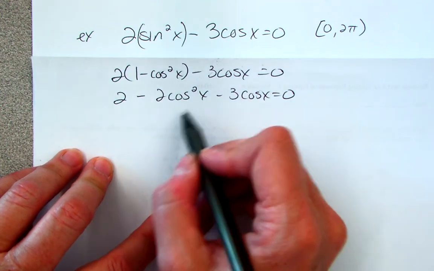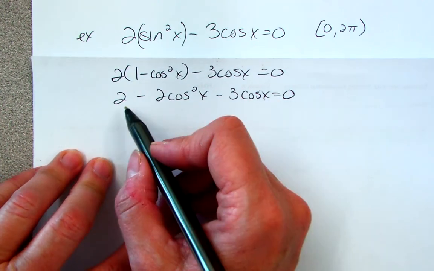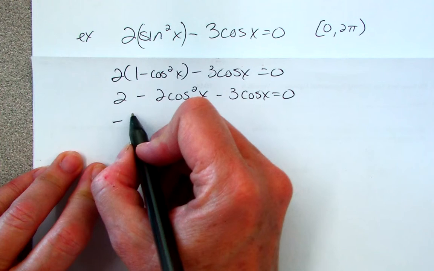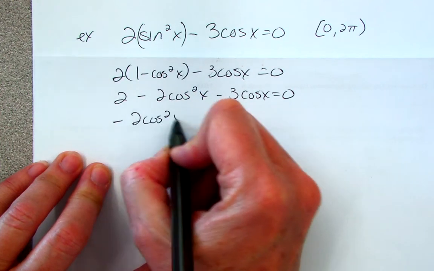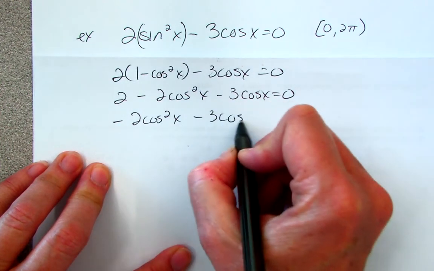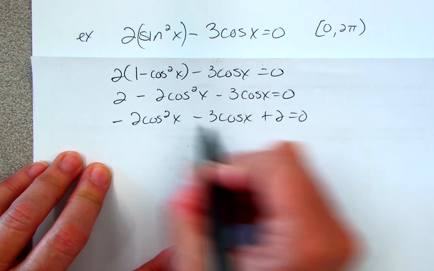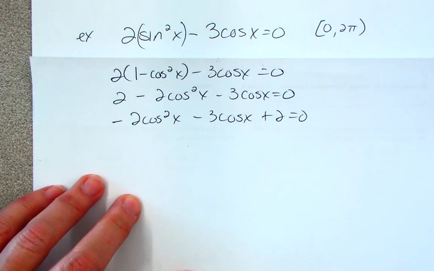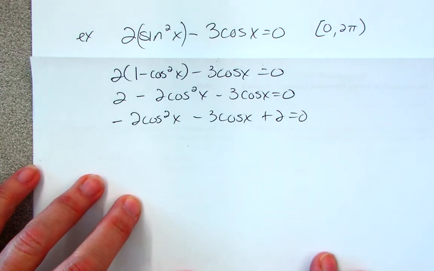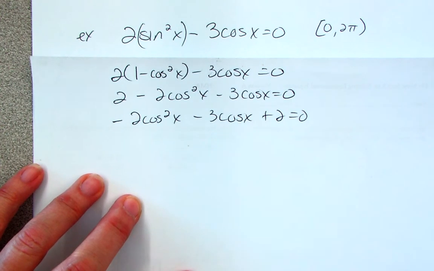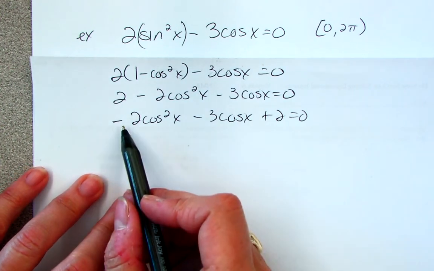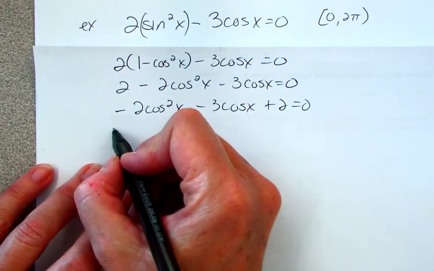So I want the squared term first, the one to the first power, the one with no cosine. So negative 2 cosine squared x minus 3 cosine x plus 2 equals 0. So I just rearrange the order. And if you remember when we deal with quadratics, I never like to factor when the leading coefficient is negative. So I'm going to go ahead and also take out the negative.